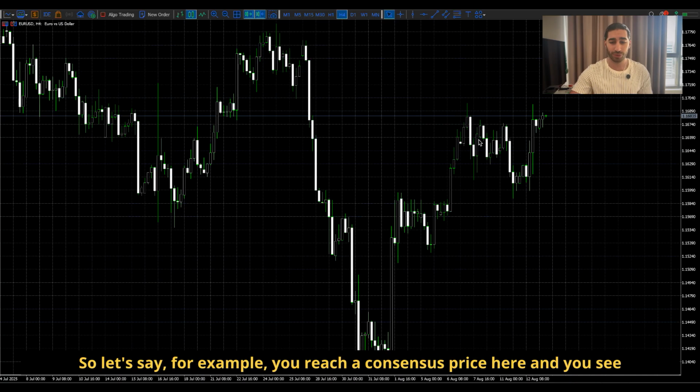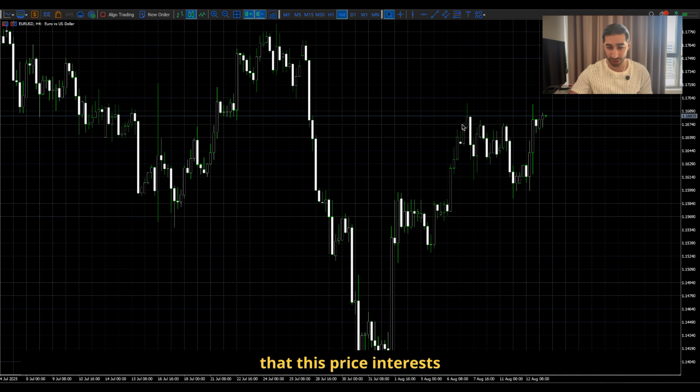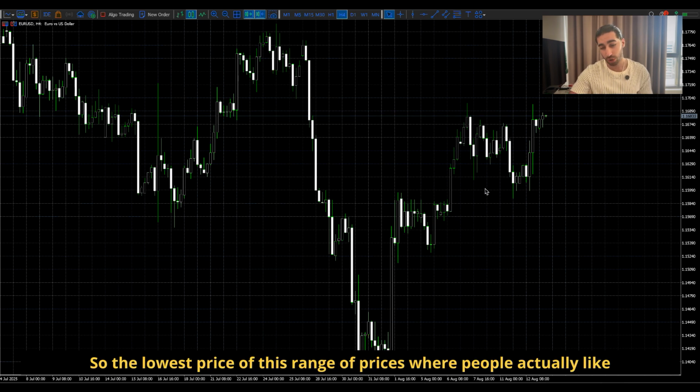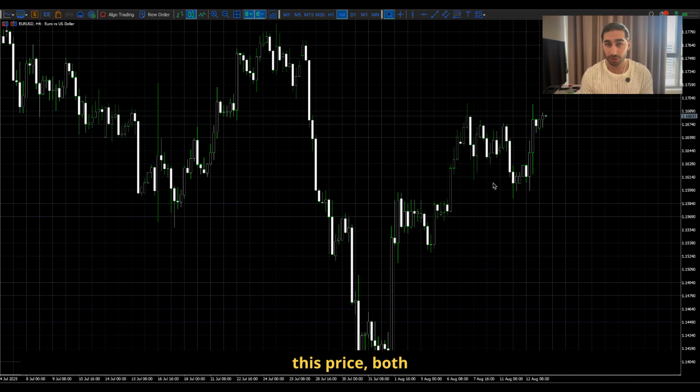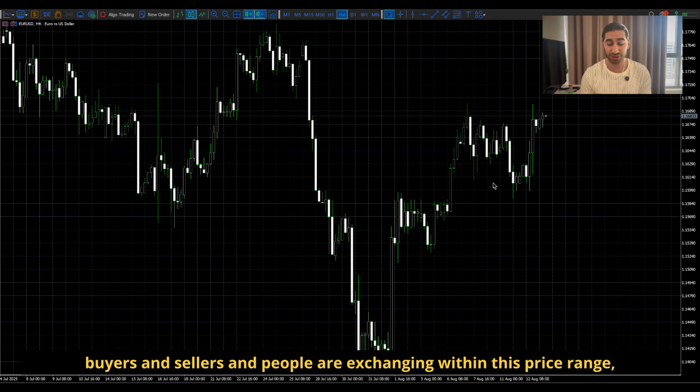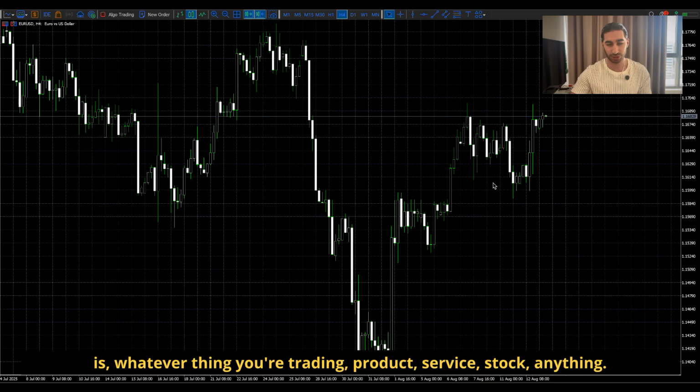So let's say, for example, you reach a consensus price here and you see that this price interests people. So the lowest price of this range of prices where people actually like this price, both buyers and sellers, and people are exchanging within this price range, whatever asset it is, whatever thing you're trading, product, service, stock, anything, okay?